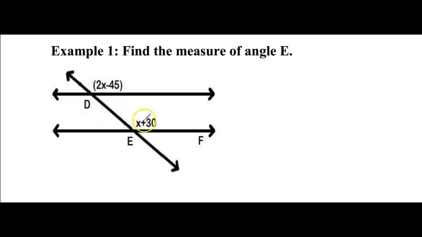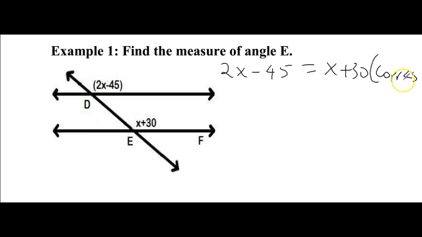How are the two angles related? Well, this and this should be corresponding. They should be on the same spot with respect to each point. So set them equal to each other. So 2x minus 45 is equal to x plus 30, and the reason is they are corresponding angles. Okay, so solve the equation.